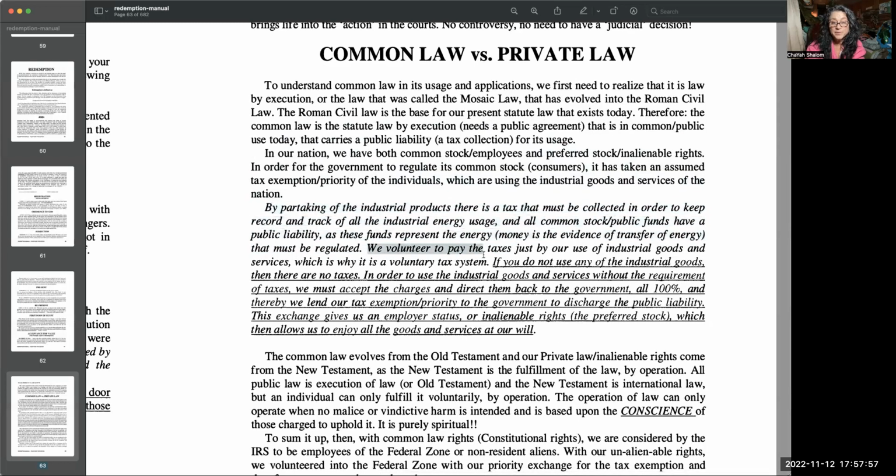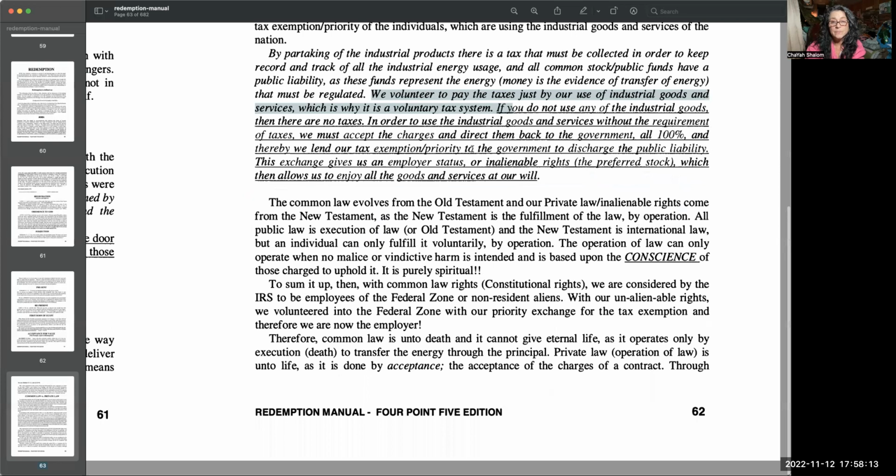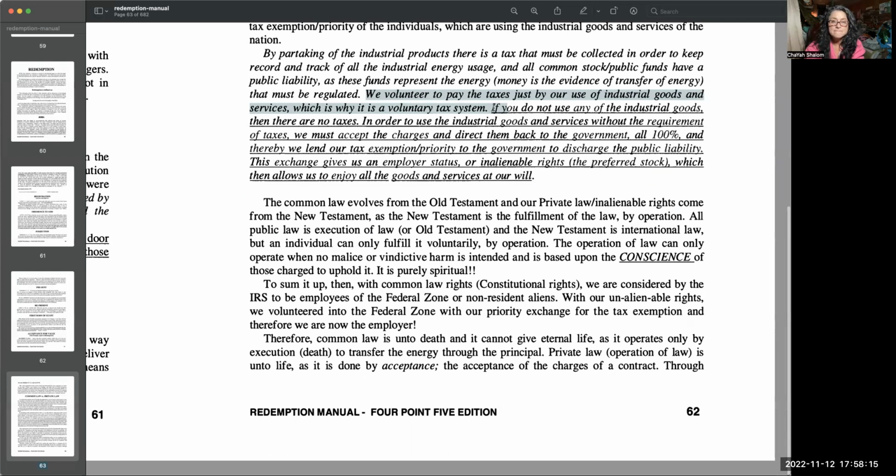We volunteer to pay the taxes just by our use of industrial goods and services, which is why it is a voluntary tax system. If you do not use any of the industrial goods, then there are no taxes.